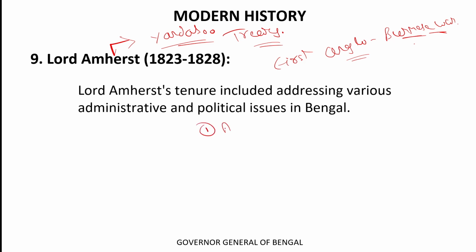So basically you can say the areas of Assam, Manipur, Arakan and Tanithai were given to Britishers.